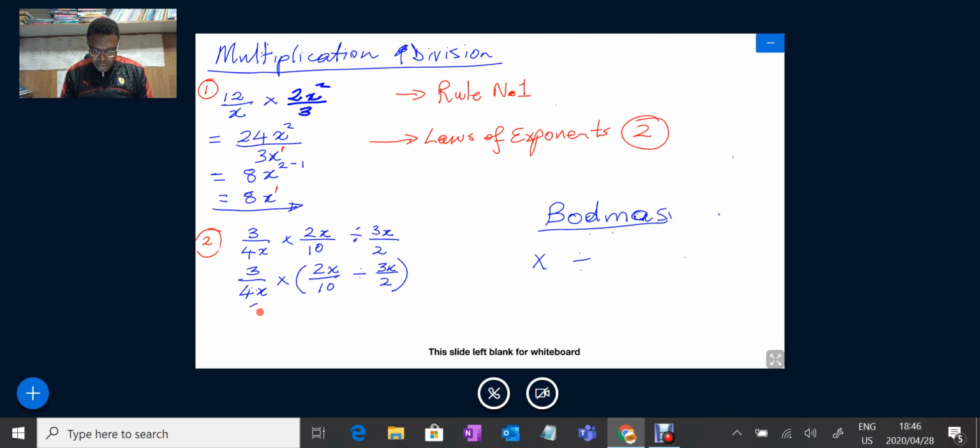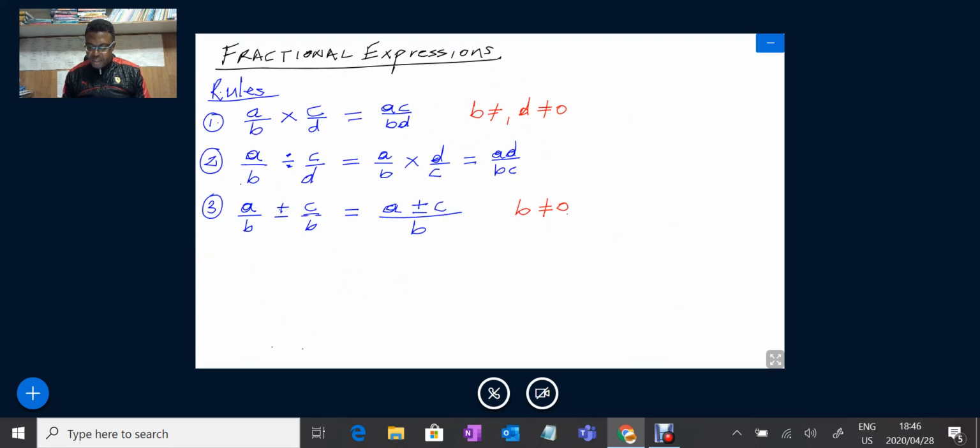So, multiply. You remember the laws. I think it was law number... Let me go to the first slide. We are dividing the fractions. When we divide the fractions, we take the other fraction and invert it, or turn it upside down.